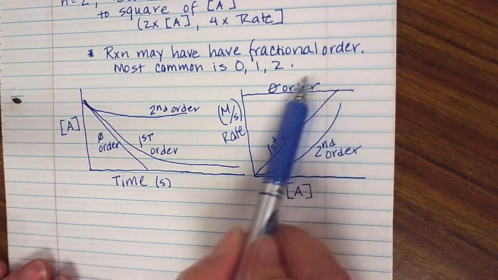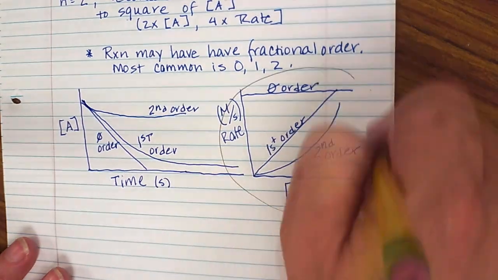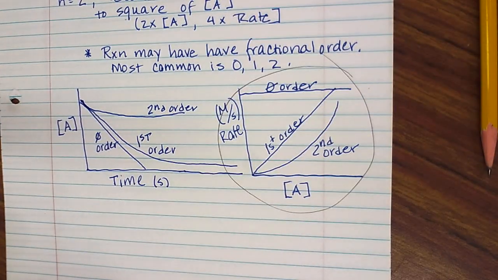So right away, here is the first of the graphs that you can recognize the order from. They give you the graph and they say, here's a graph of the rate versus the concentration. You have to identify what order it is. All right? Not so much this one, but we'll talk more about this one because this one's got other implications.